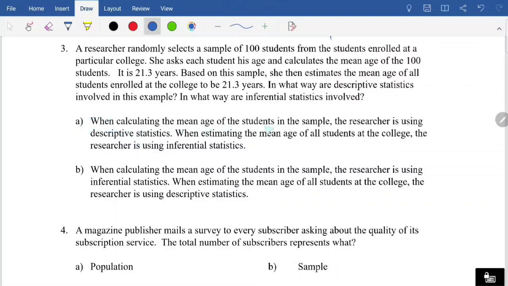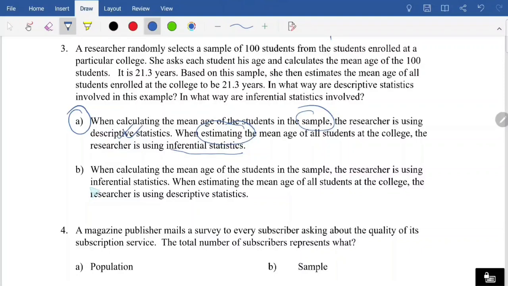When calculating the mean age of the students in the sample, the researcher is using descriptive statistics. That's correct. When estimating the mean age of all students at the college, the researcher is using inferential statistics. Yes, inferential statistics involves estimating the mean age from the descriptive study performed previously. So it seems A is the correct answer.